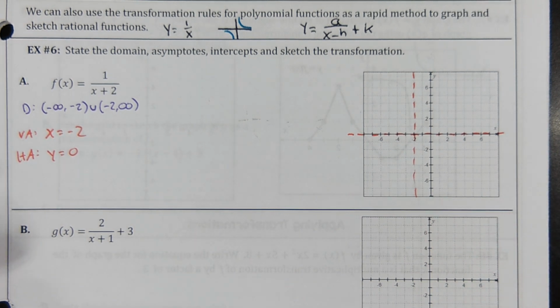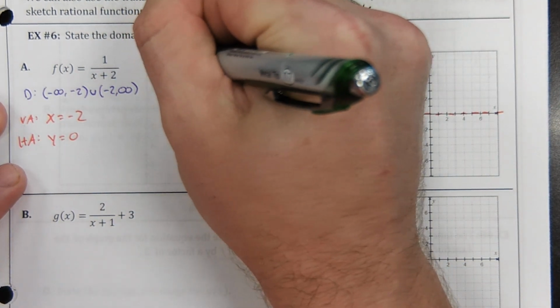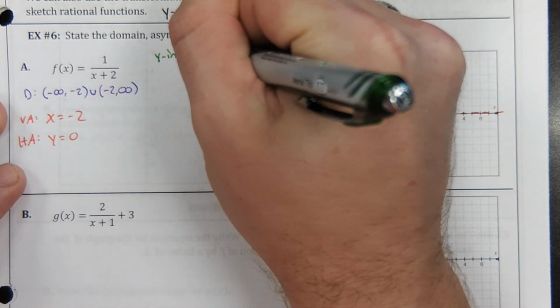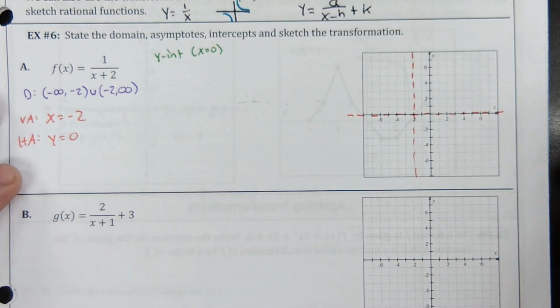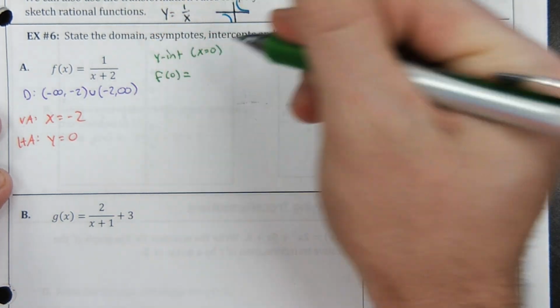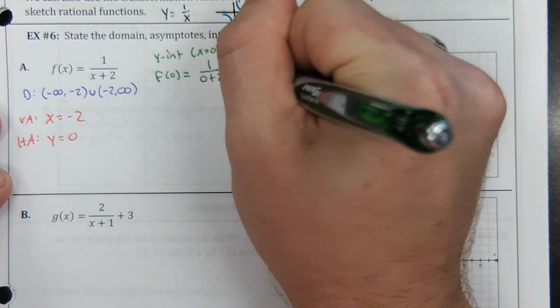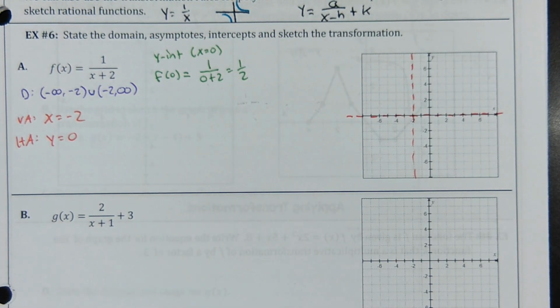So finding the y-intercept will always be very, very easy. You just let x equal 0. So let's figure out what f of 0 is. That's going to tell me where I cross the y-axis. It's 1 over 0 plus 2, which is 1/2. This graph crosses the y-axis at positive 1/2.